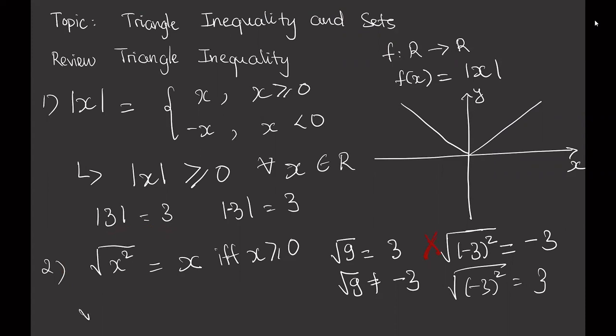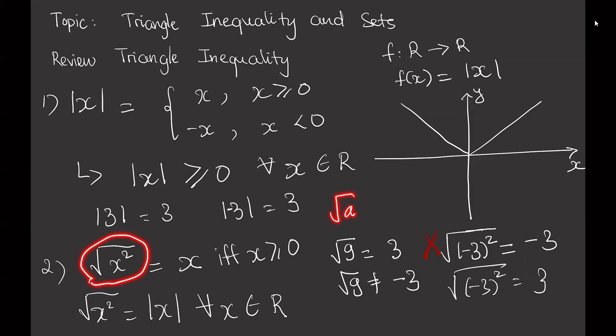And the thing I wrote here, square root of x squared equals the absolute value of x, this one is true for all real numbers x. Because the square root of a number a is always greater than or equal to 0, and you can only take the square root of a if a is greater than or equal to 0.